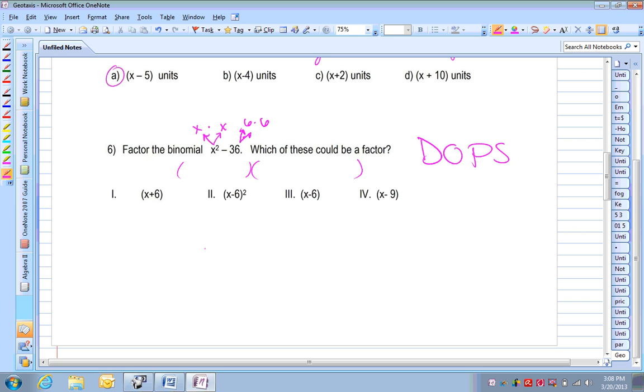We put our first base in the first spot of our parentheses, so our first base is x. And then in the back of our parentheses, we put 6. So we have x in the front and 6 in the back, and one always gets a plus sign and one always gets a minus sign. And we ask which of these could be a factor. The answer choice that I got were 1 and 3.